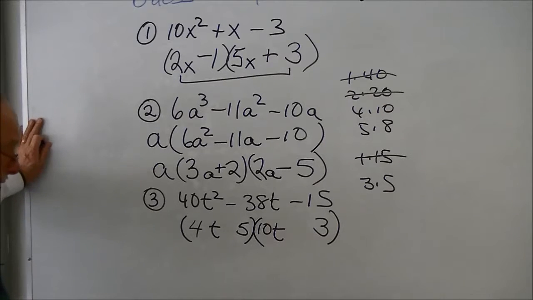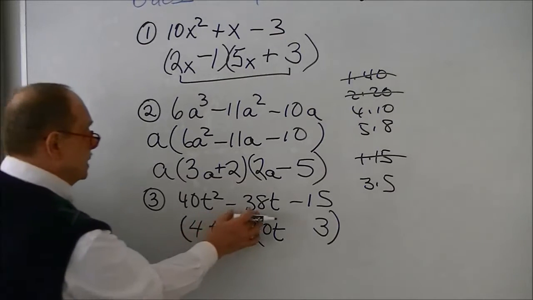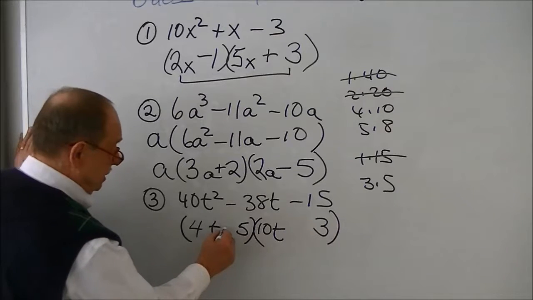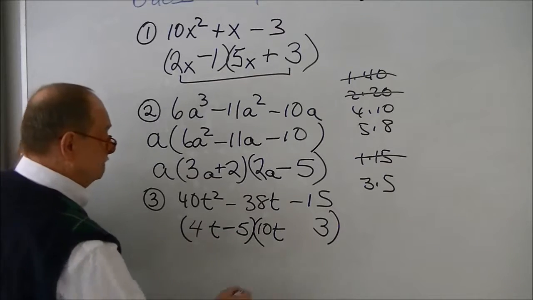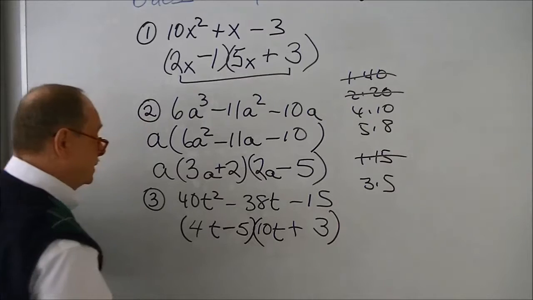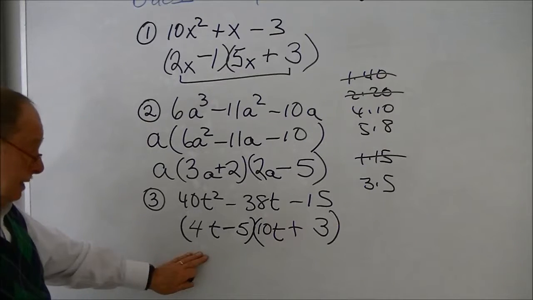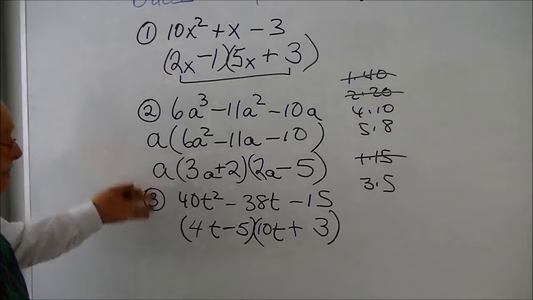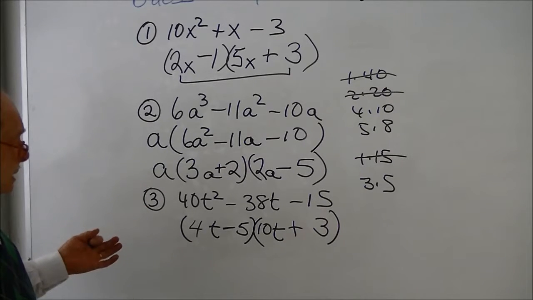Now take a moment and see if you can put the signs in there correctly. Remember, the middle term needs to be negative. That's the bigger one, so that would go there. And this would go there. And when I foiled it, it would check. Now again, some of these are very difficult.